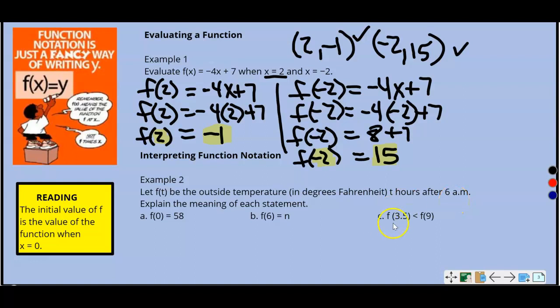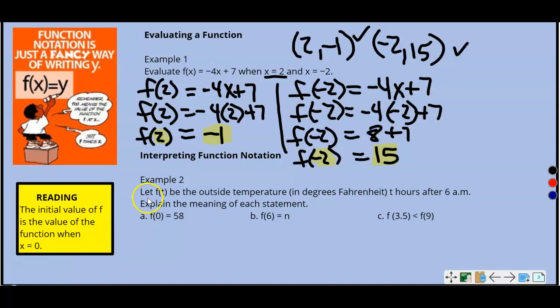So at 9:30 a.m., the temperature is less than at 9 hours after 6 a.m. Let's see, 6, 7, 8, 9, 10, 11, 12, 1, 2, 3. So this would be 3 p.m. To explain this: the temperature in Fahrenheit at 9:30 a.m. is less than the temperature in Fahrenheit at 3 p.m.